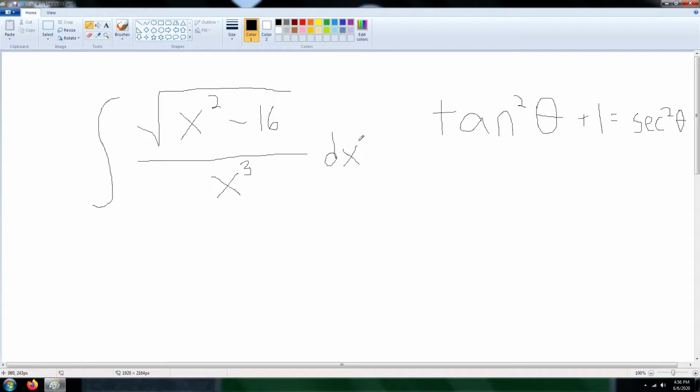So if we were to move the 1 over to the other side, we get tangent squared theta equals secant squared theta minus 1.